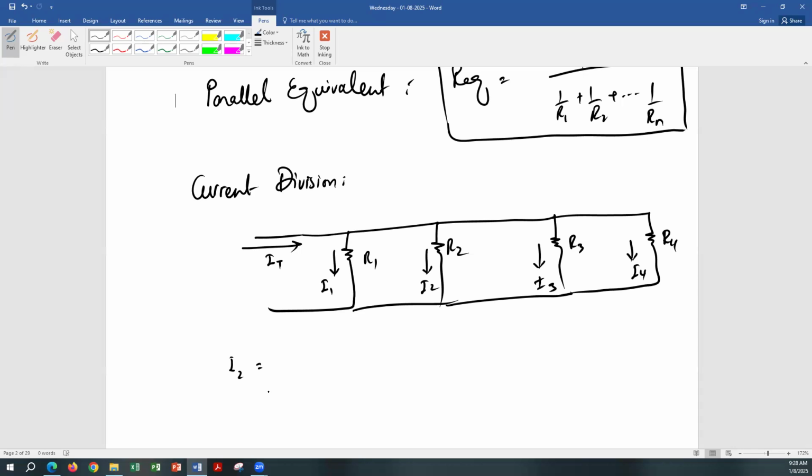So the individual branch current, if all the resistors are connected in parallel, is going to be the total current entering at that node, which will be distributed among all these resistors, times the equivalent of all the resistors divided by the resistor value, which will be R2, through which you are trying to find the current. Now, just remember that this R equivalent is the parallel equivalent. It's not the series equivalent, of course, because the circuit is a parallel circuit. So very simple current division equation.